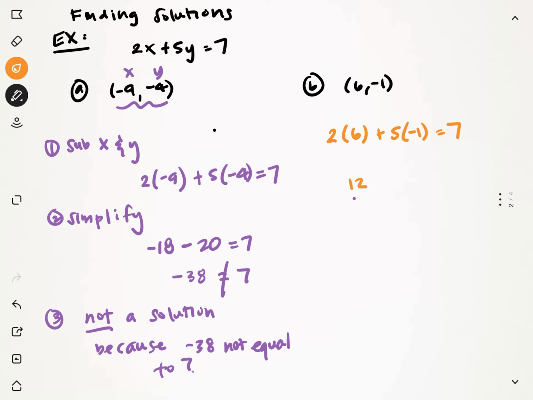So 2 times 6 is 12, plus 5 times -1 is -5. 7 equals 7. This is correct. Therefore, this is a solution, because in the end, 7 is equal to 7.